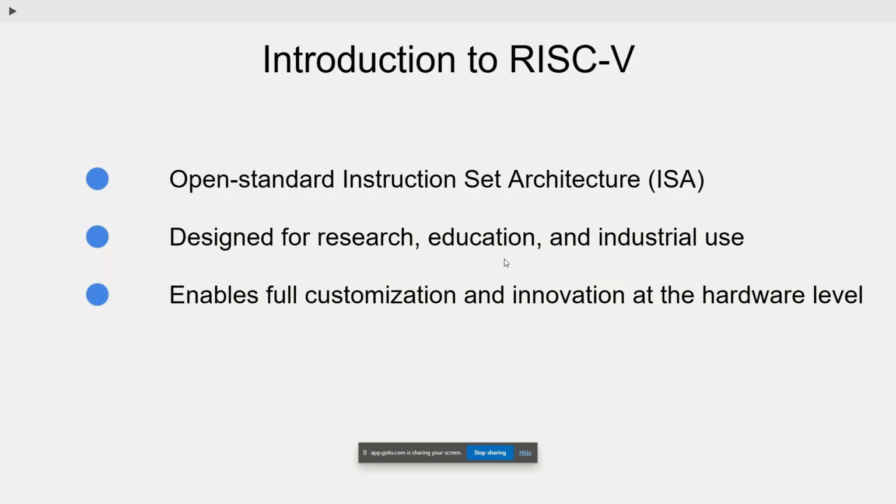Here I need not pay any royalty to ARM for every duplication or every IC I produce. I have my own flexibility to build or modify the architecture. That is one of the major advantages of RISC-V. It enables full customization. You can completely customize it your own way, implement accelerators and your own custom instruction sets, and build your own processor.